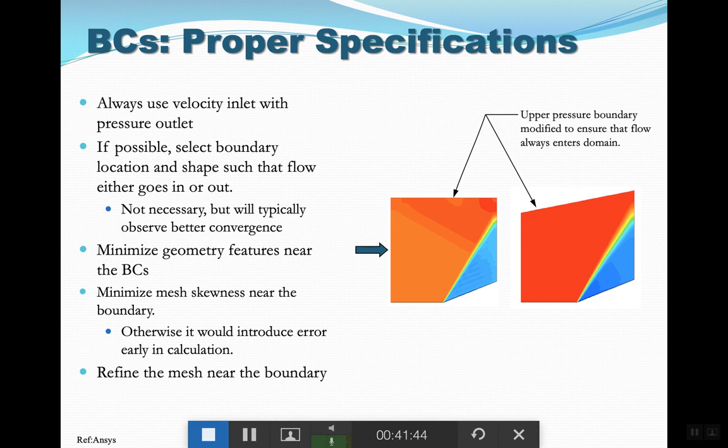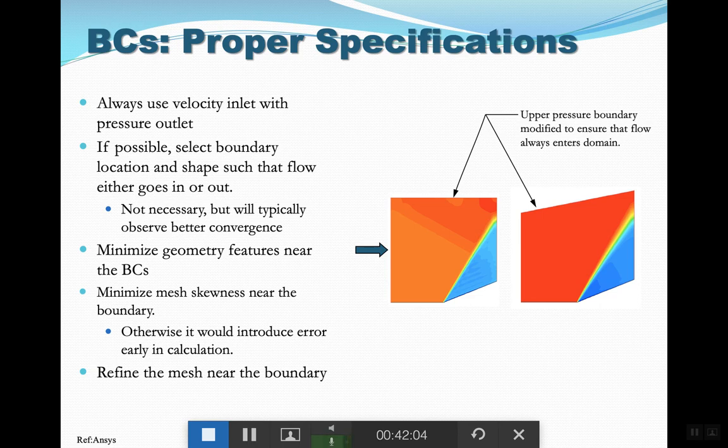But before moving on from this subject, I just want to mention one important one, which is the relation, or better to say, the direction of velocity inlet with respect to your inlet boundary condition.